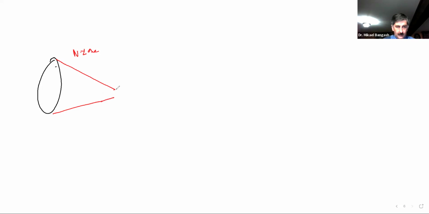We can have the focus, and of course we can have the far zone. Oh, probably a little bit too big.